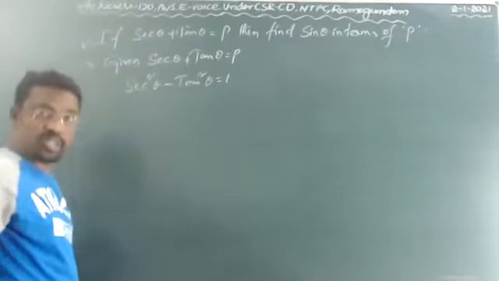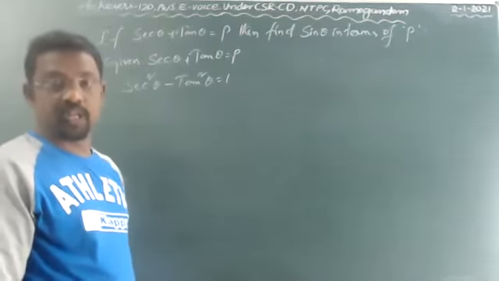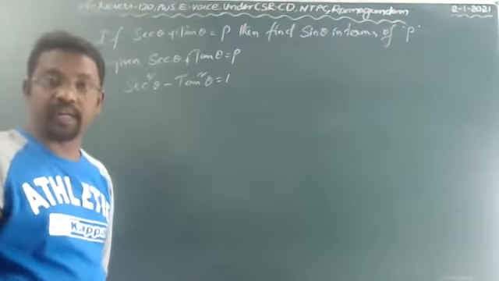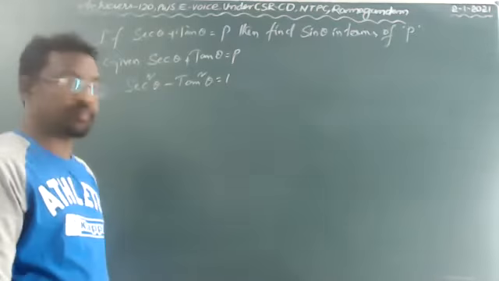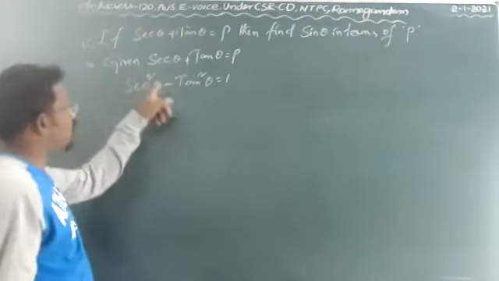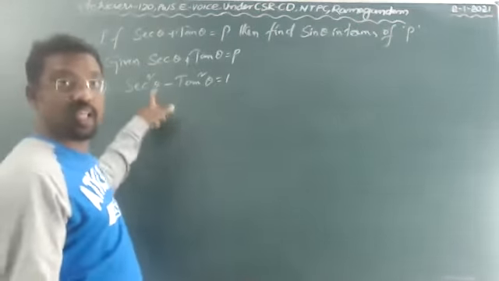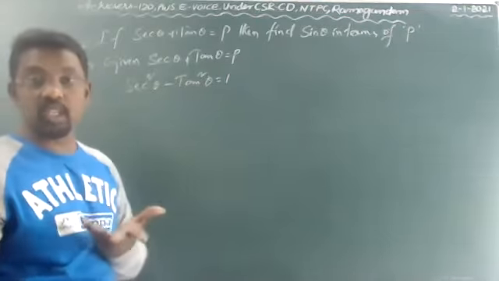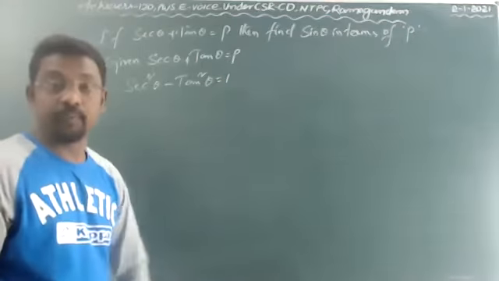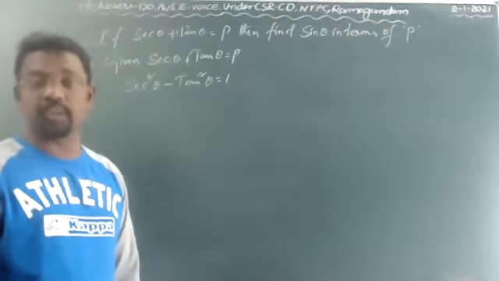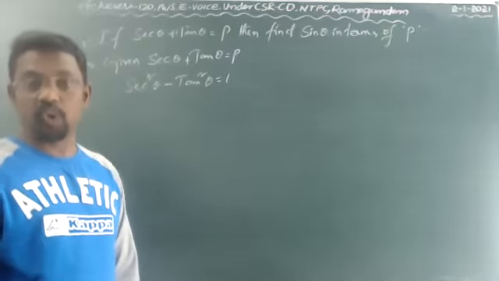This is the second identity. Now we can write the a square minus b square formula, which is a plus b into a minus b.